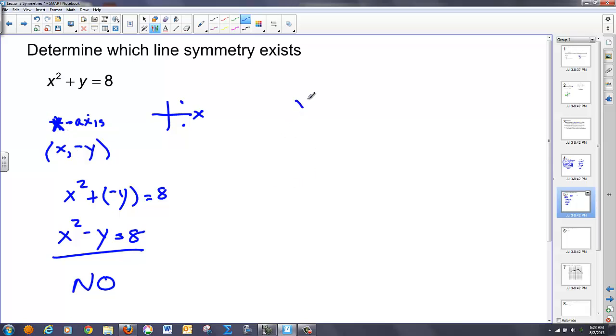If I want to test for y-axis symmetry, again, I take a look at my x and y axis and I put a point over here and I reflect that over the y axis, and I notice my x coordinates are opposite, but my y coordinates are the same.